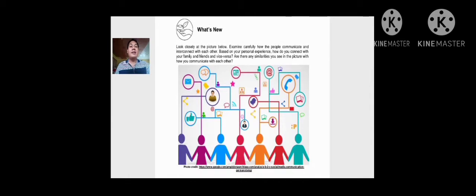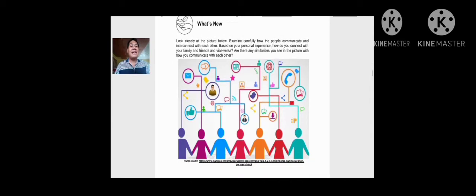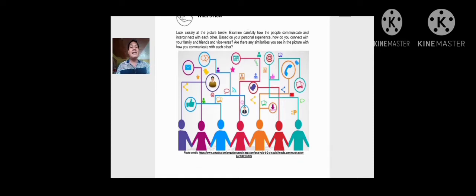So what's new? Look closely at the pictures below. Examine carefully how the people communicate and interconnect with each other. Based on your personal experience, how do you connect with your family and friends and vice versa? Not Vice Ganda, vice versa. Family and friends, friends to family.